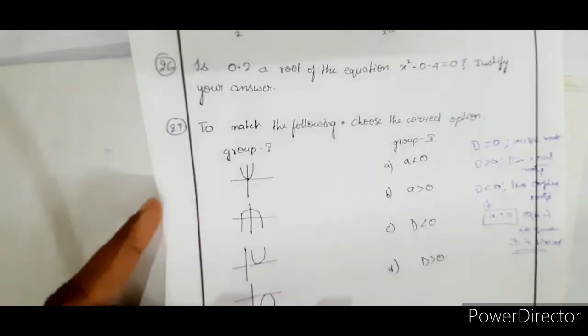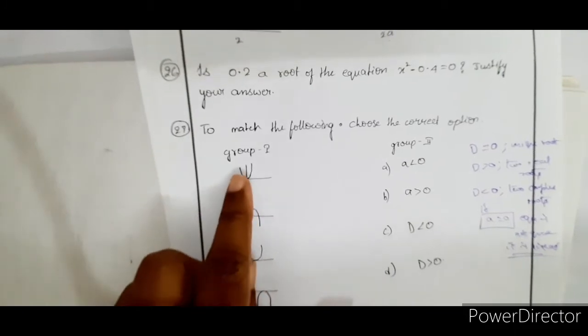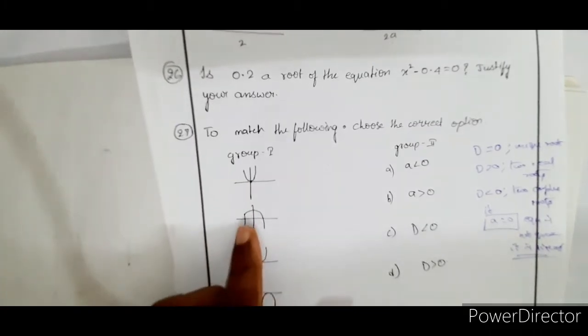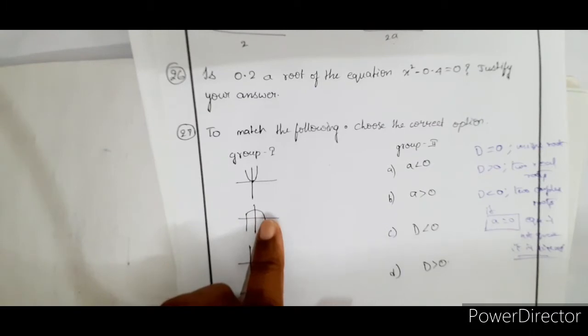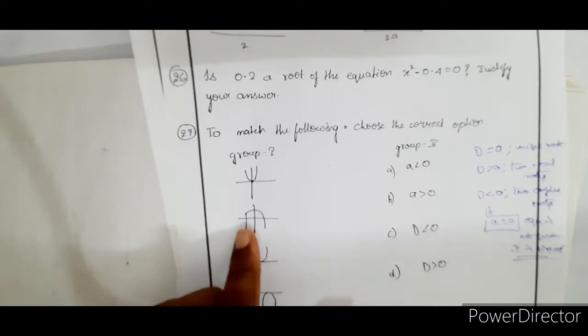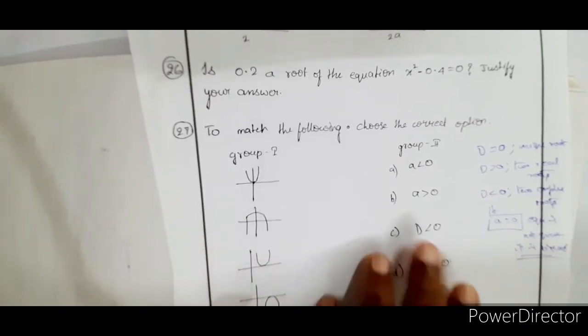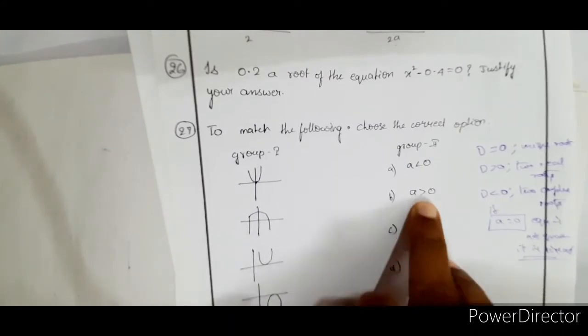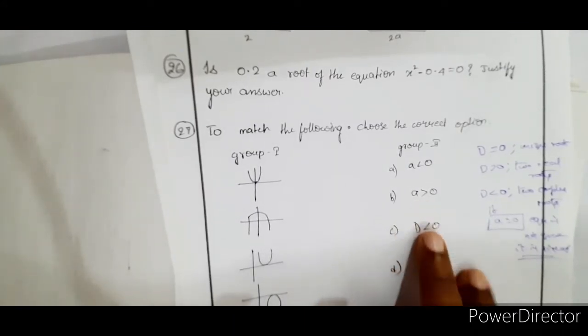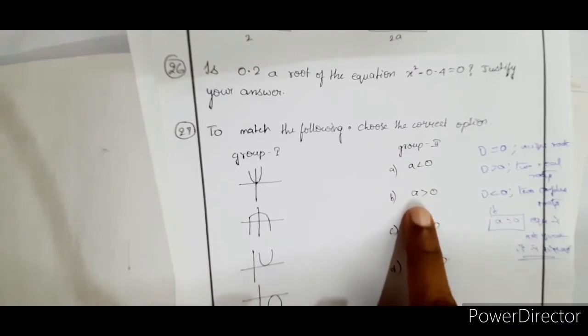Now here, this is the point where there is a unique root, so D is equal to 0 should be the option. With A less than 0 and A greater than 0, A can be positive and A can be negative. These are the two things.